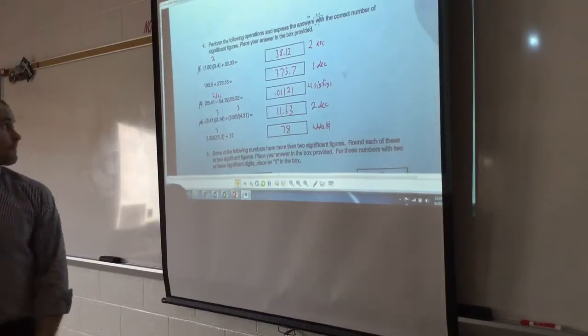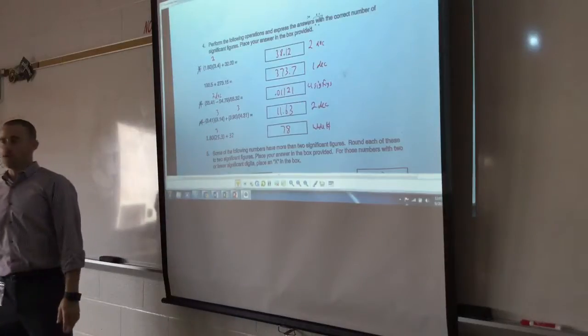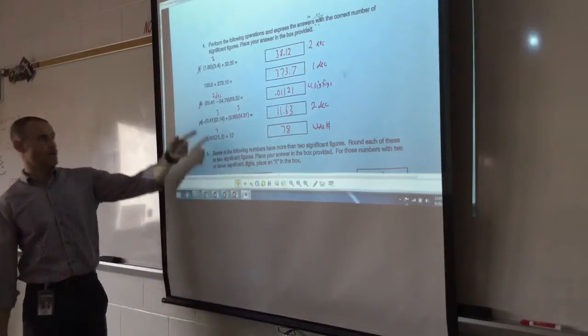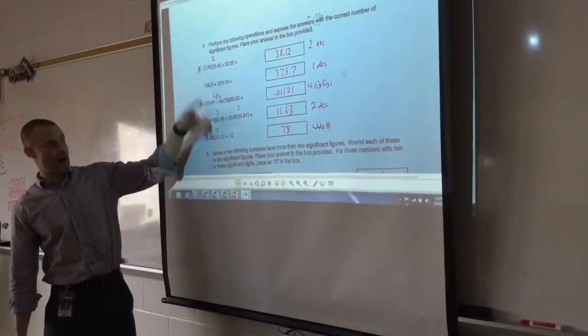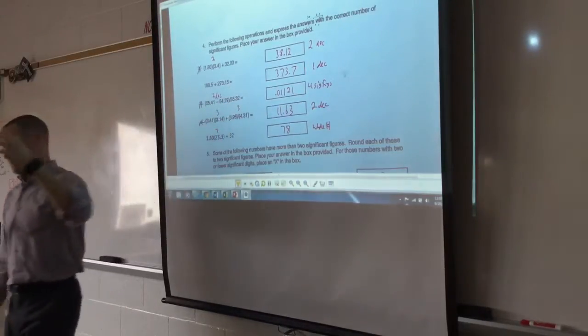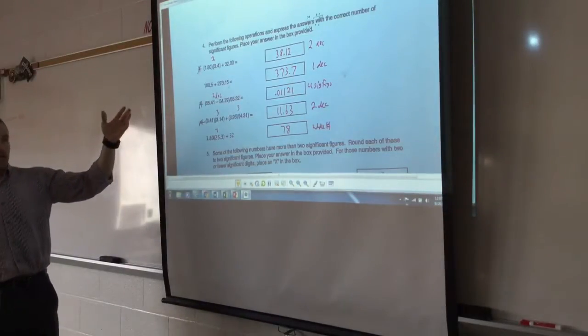Let's see. These were a little bit harder because you've got to do the order of operations. So for this one, you would subtract those first, then divide by that number. The math should be easy at this point, but with the sig figs, it gets a little confusing. I get that.